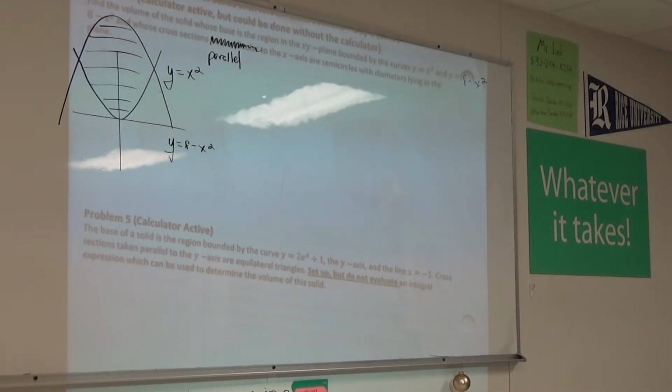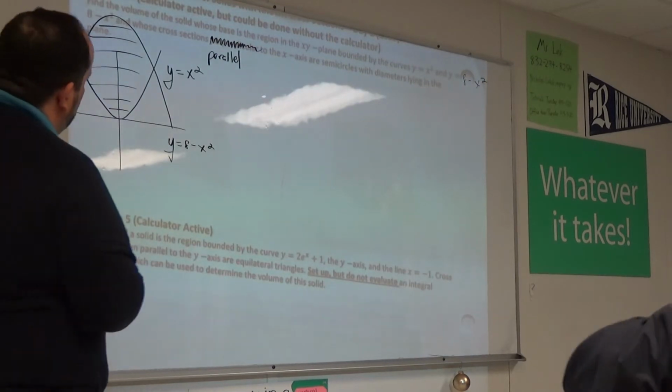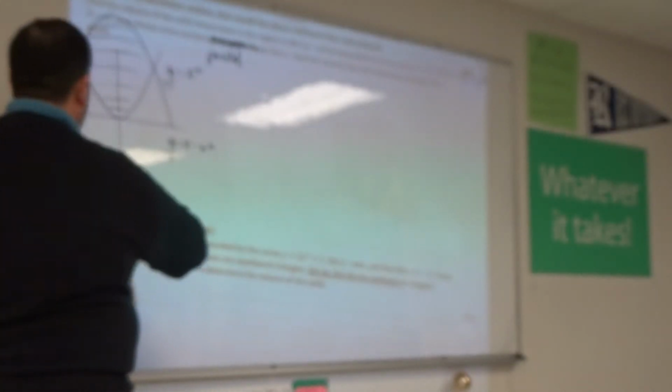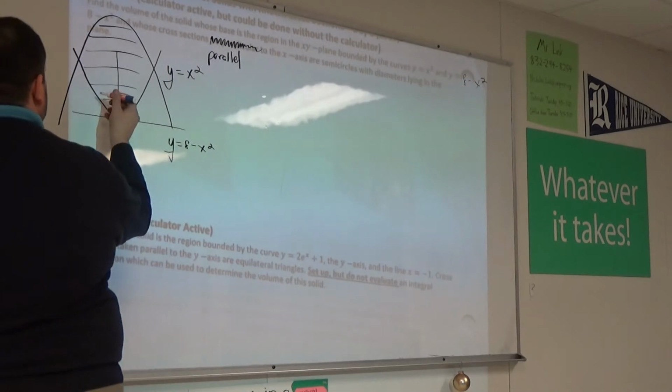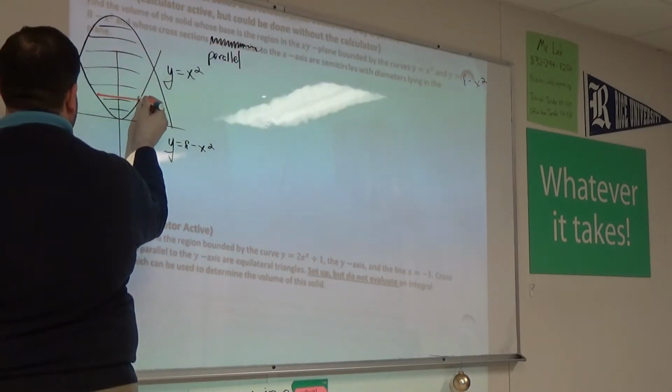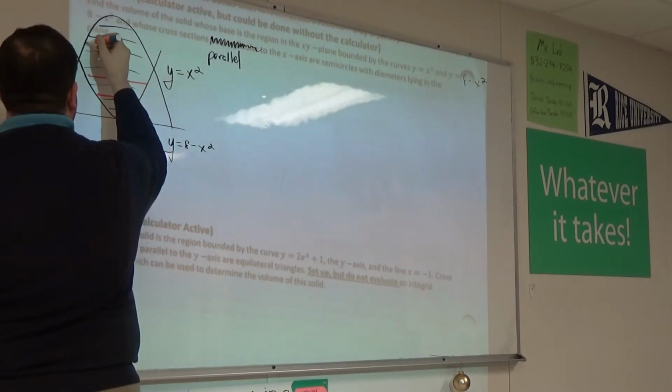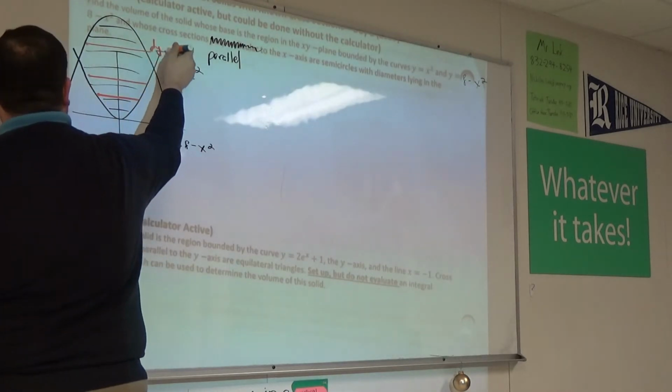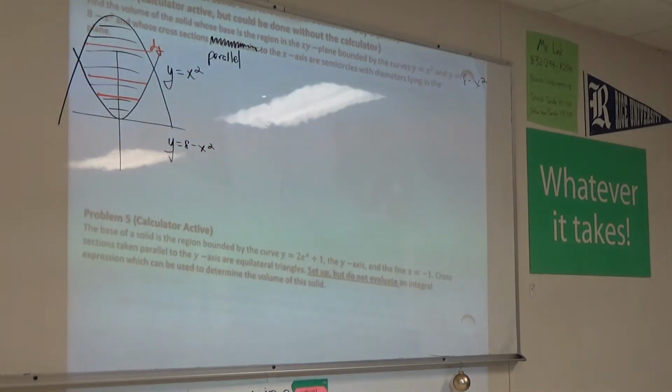And now I need cross sections. Which way are they going again? Parallel to the x-axis. So that means I'm making my slices this way. As I've already heard, dy has to be dy.